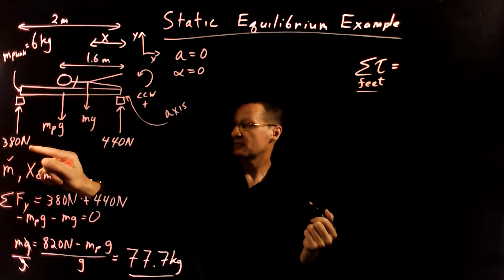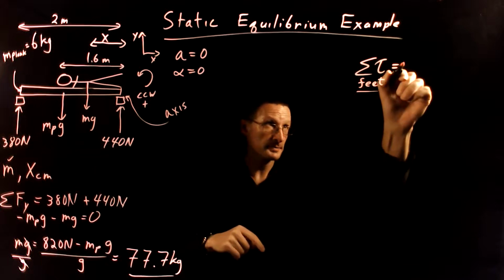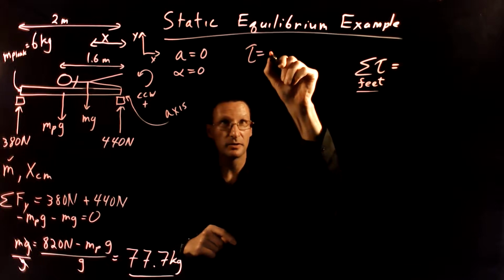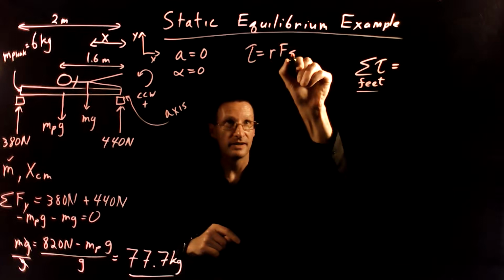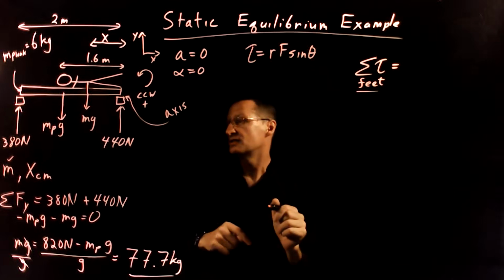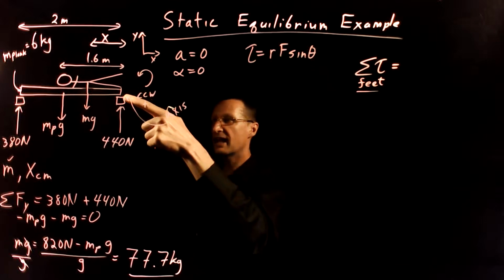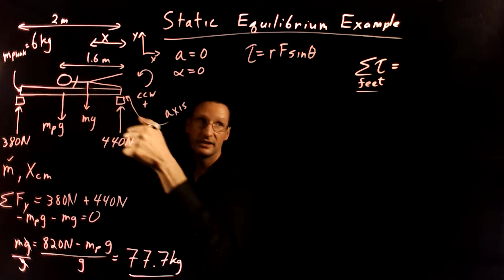I'm going to get a torque from this 380 Newton force. For this, I'm going to use torque equals R F sine theta. The R vector goes from the axis to where the force acts. That's 2 meters.